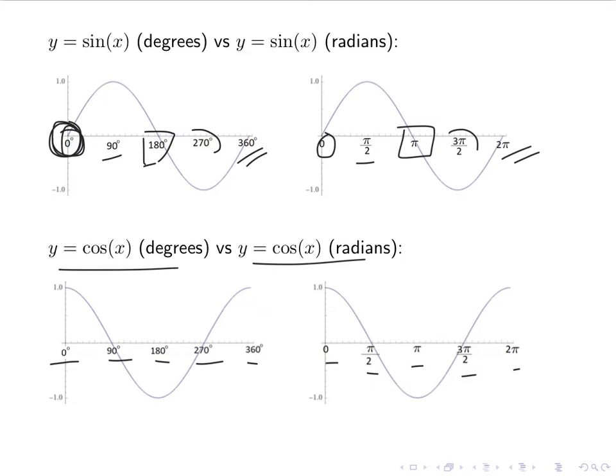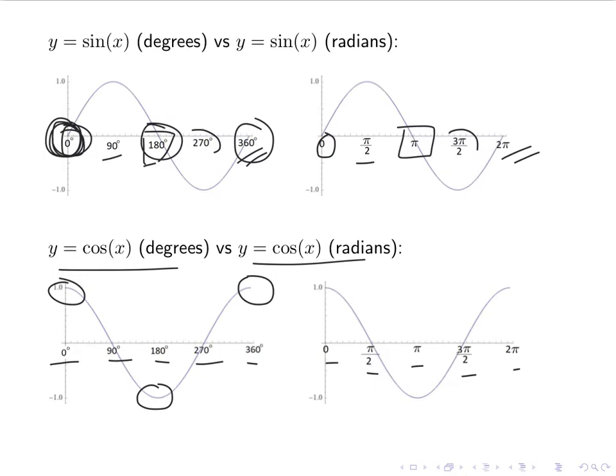Those 5 points in either the sine or the cosine graphs are either zeros, like they are for sine at 0, 180, and 360, or they're maximums and minimums. In the cosine curve, 0, 180, and 360 are the maximums and the minimums.